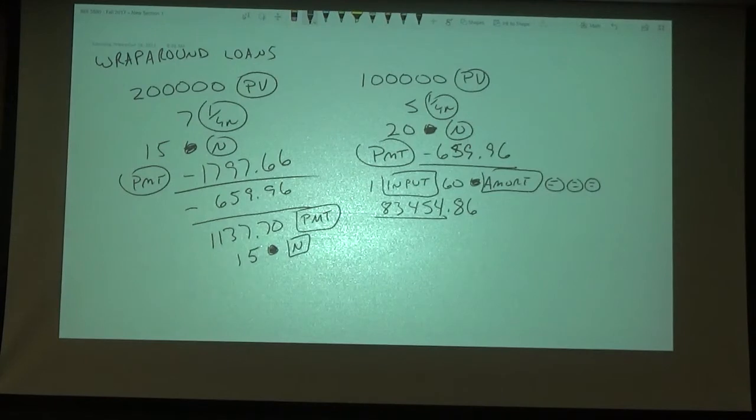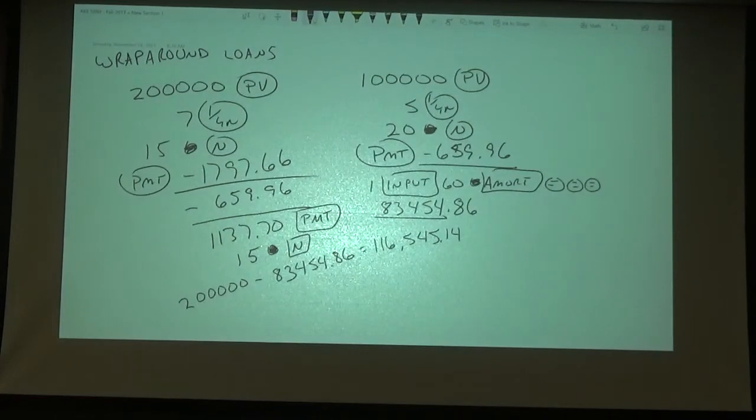Okay? But the thing that we have to do here is take the 200,000, subtract out the outstanding balance of the 83,454.86, which is going to give us $116,545.14.